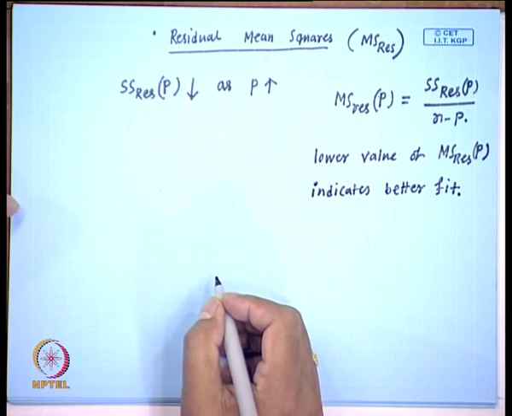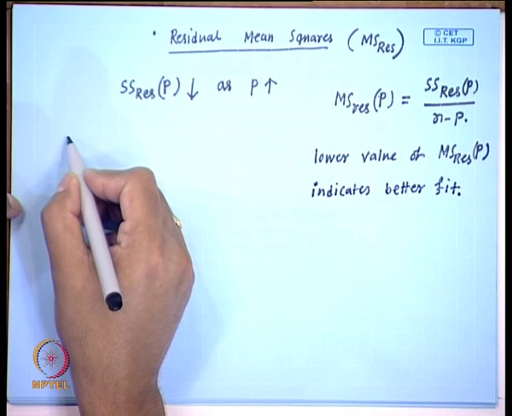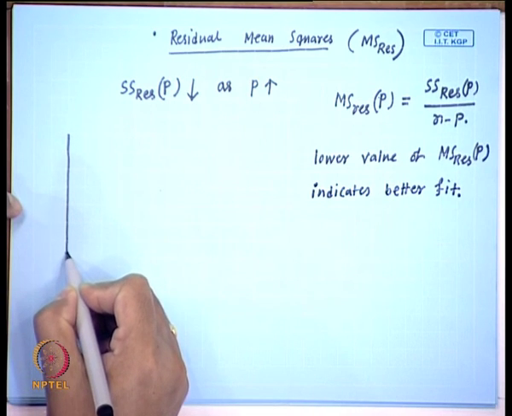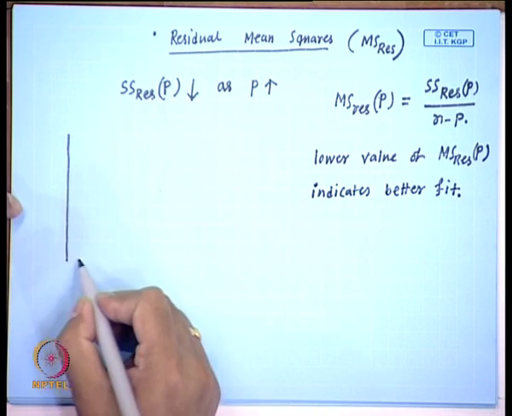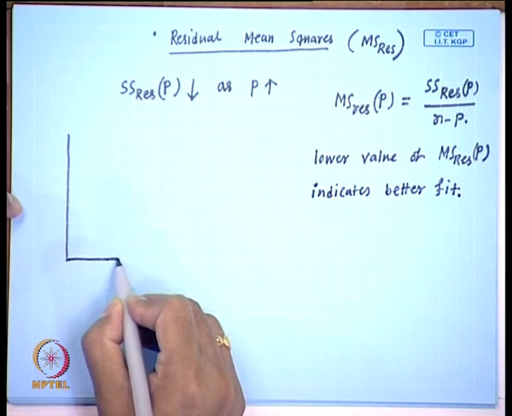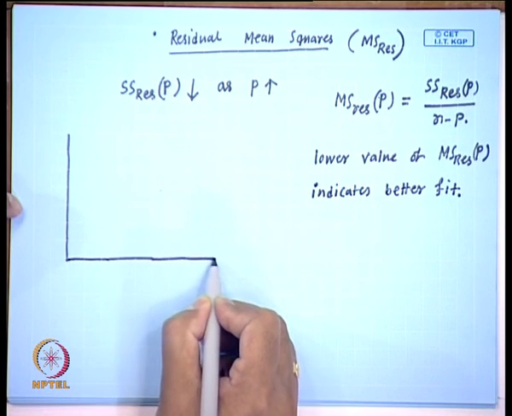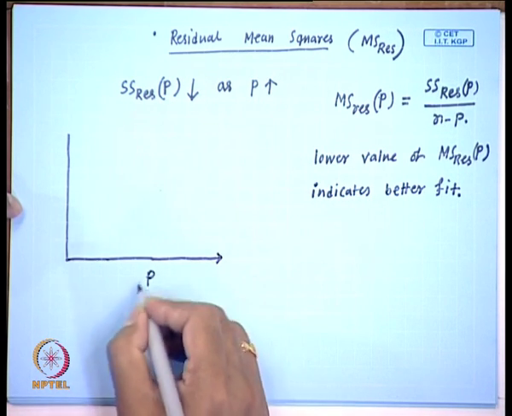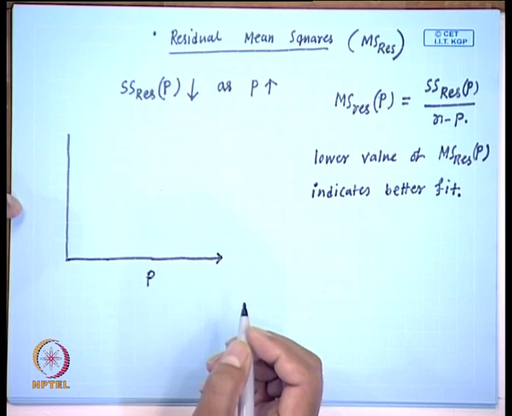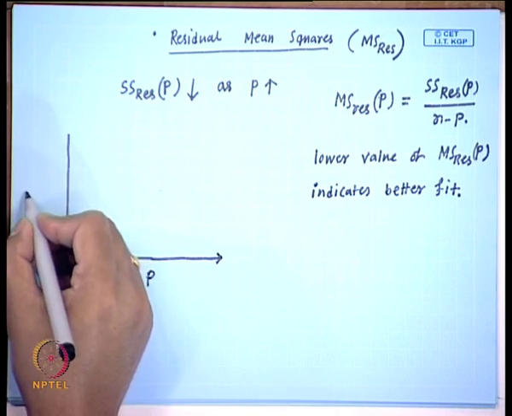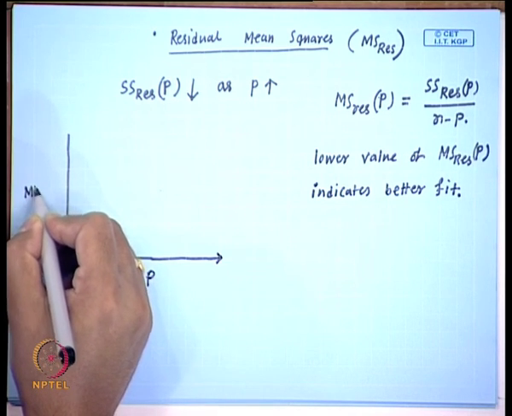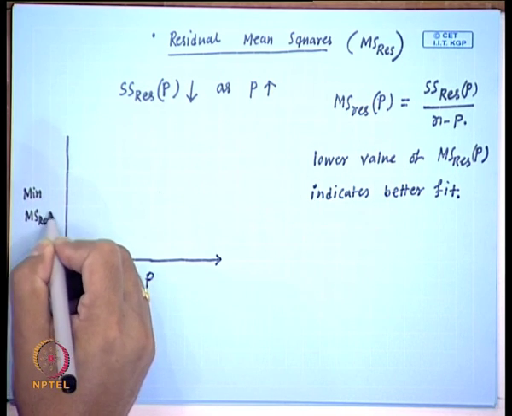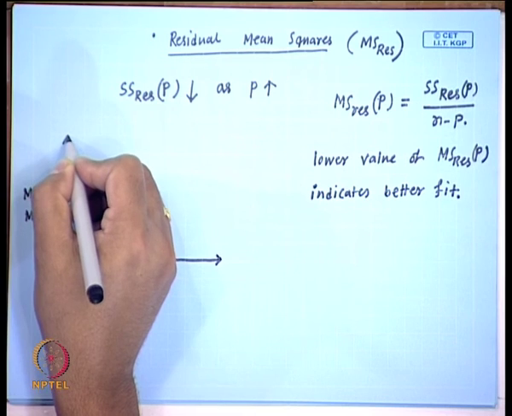Okay, so now what we will do is plot the minimum MS residual against p. Here p is the number of unknown parameters in the model, and we will plot the minimum MS residual p along the y axis.